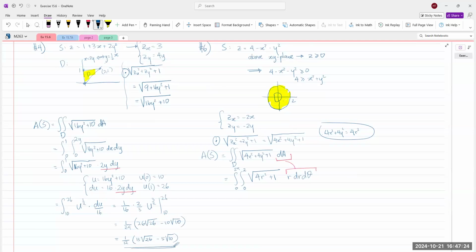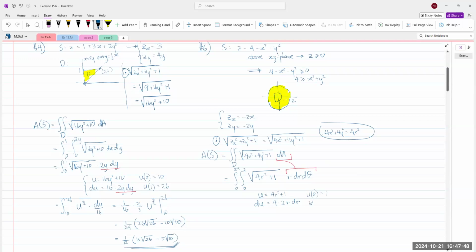Okay, so when we do u substitution, we use u equals 4r squared plus 1 such that du is 4 times 2r dr. Is that right? And then the limits of integration: at r equals 0, u is 1.